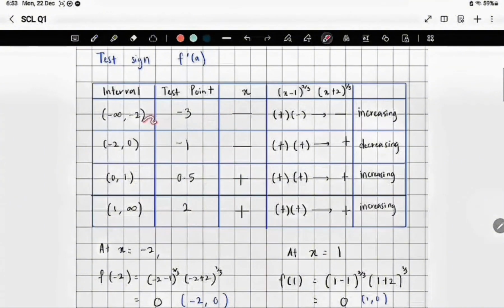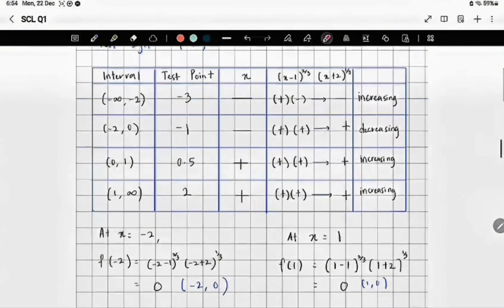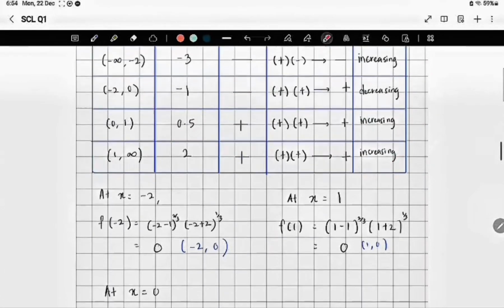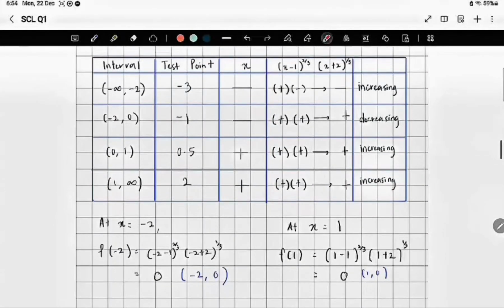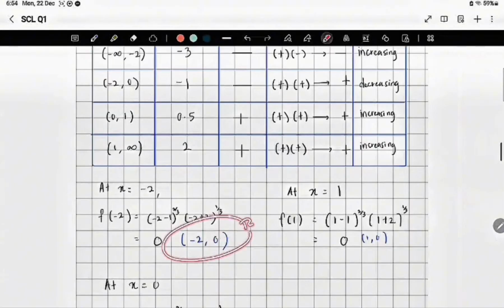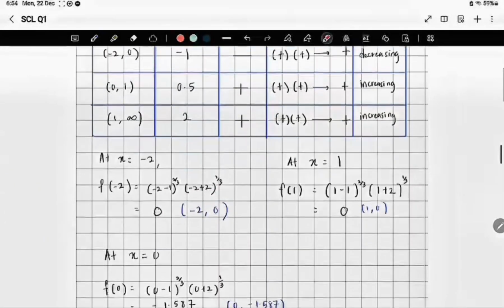So for the interval -2 to 0, the sign is negative, therefore the graph is decreasing. For all other intervals, the sign is positive, meaning the graph is increasing. Because the sign changes from positive to negative at x equal to -2, we have a relative maximum at x = -2.